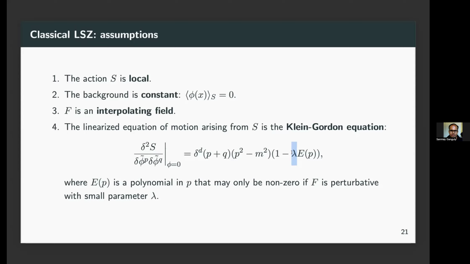Probably at the classical level, the poles will appear at the same places, but after quantum corrections, the location of the poles might shift up to some order of the perturbation parameter, right? It will shift in both theories, and it will shift by the same amount, I would guess. Yeah, the question is, will it shift by the same amount in the old field and the new field definition of the field theory? That's the question.